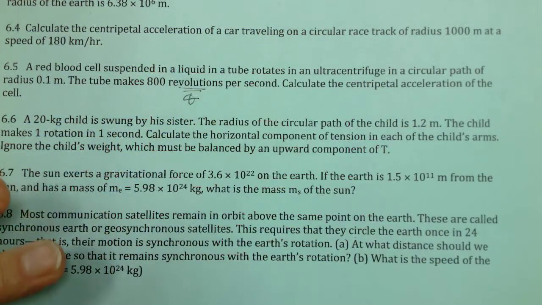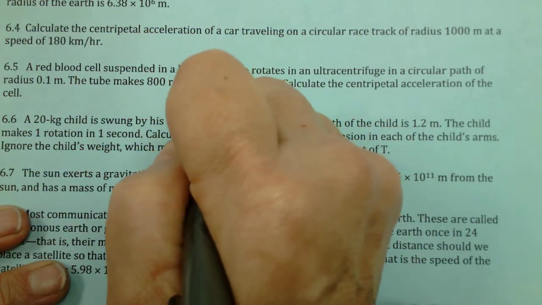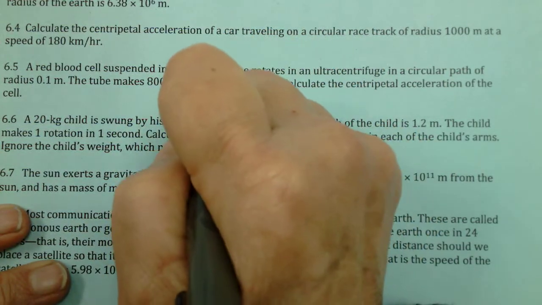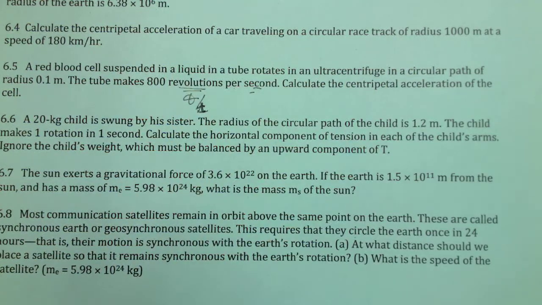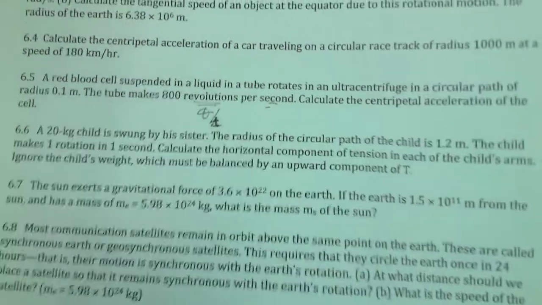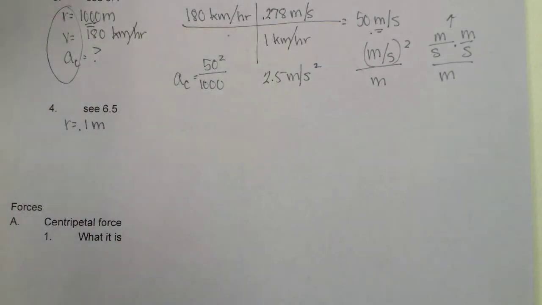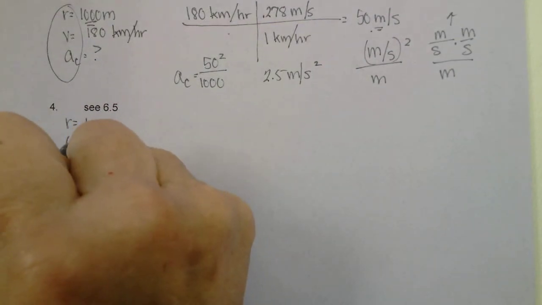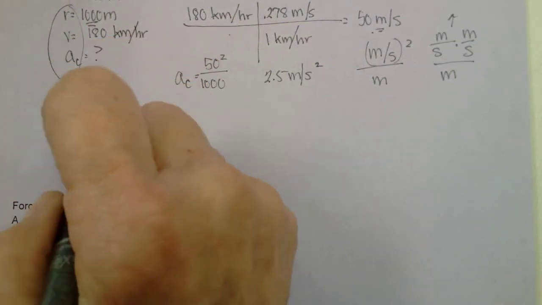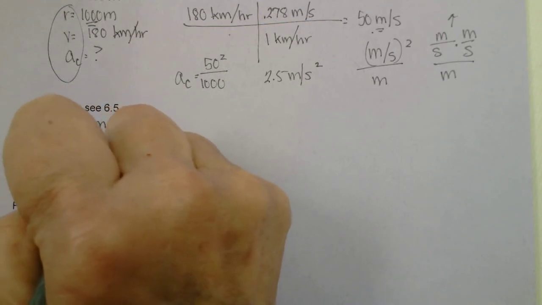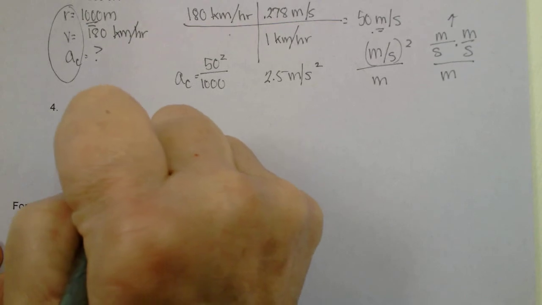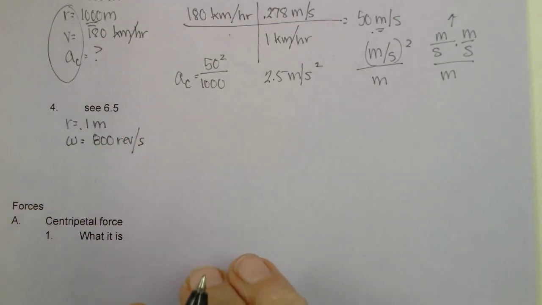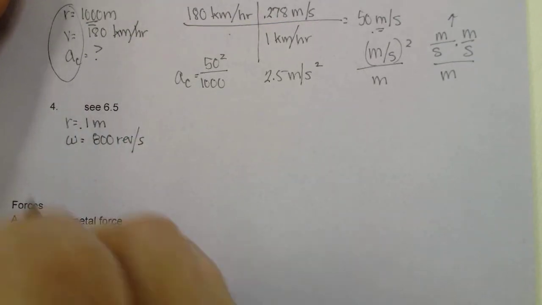Revolutions is a theta marking. Per second is time. Theta over t, we're talking about omega here. We're talking about angular velocity. So my angular velocity is equal to 800 revolutions per second. And I'm looking for the centripetal acceleration of the cell.